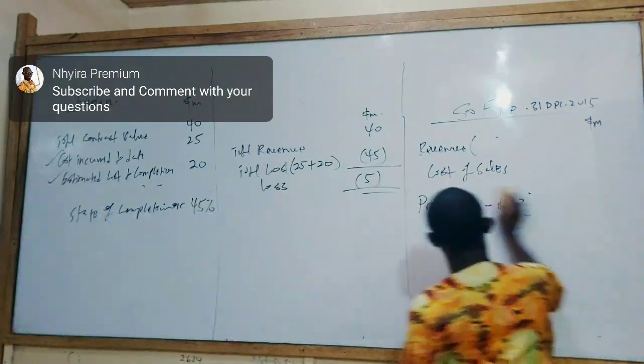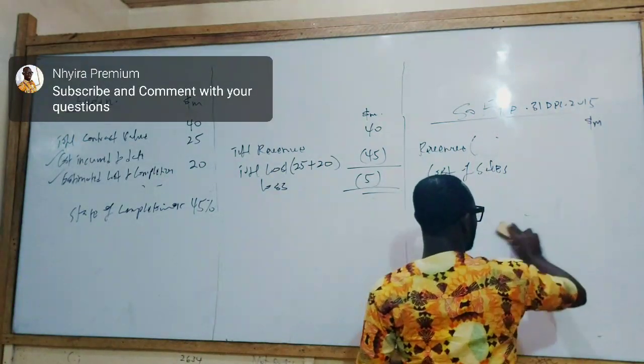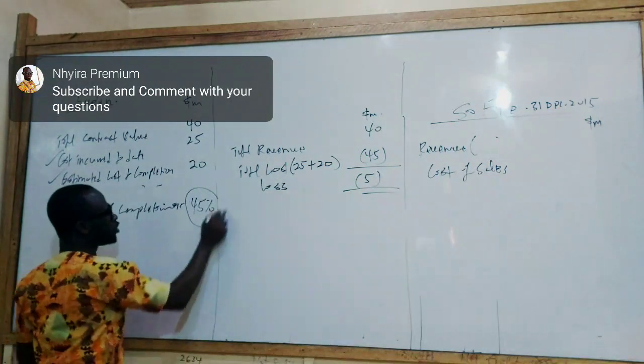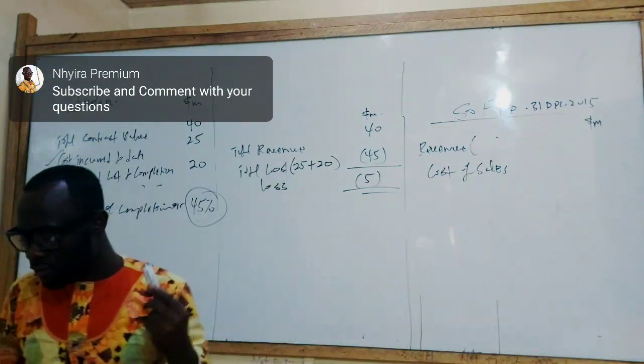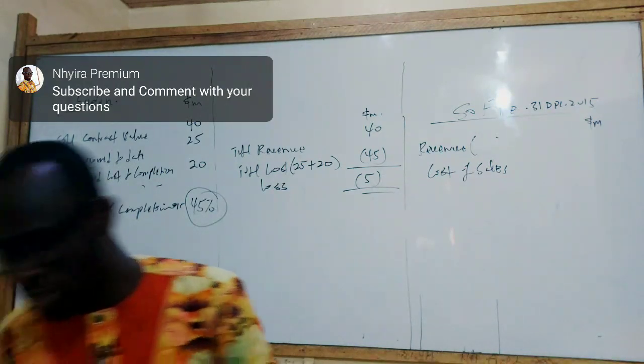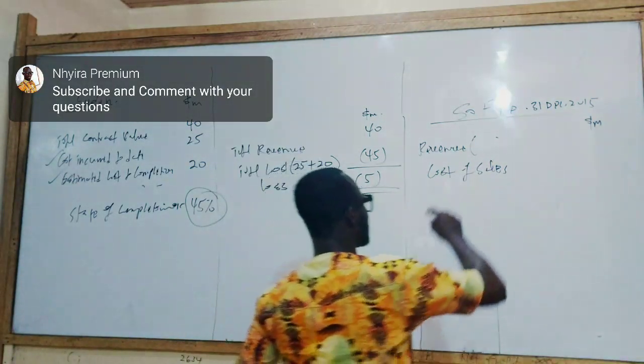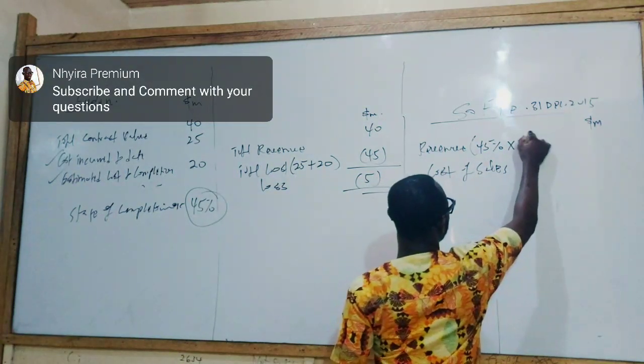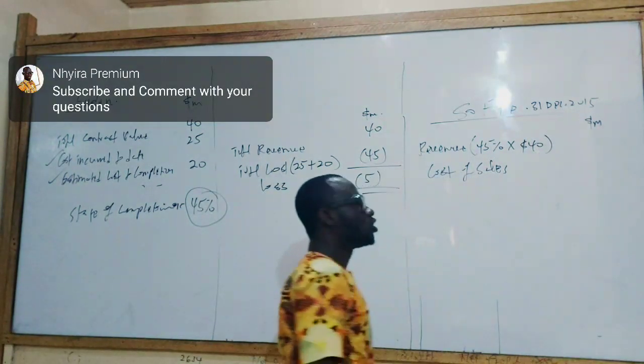So let me just clean these up. So revenue. Remember how the percentage of job we've done? We've done 45% of the job from the question. So if we've done 45% and it's the first year we are considering, it will be 45% of the contract price or the contract value.